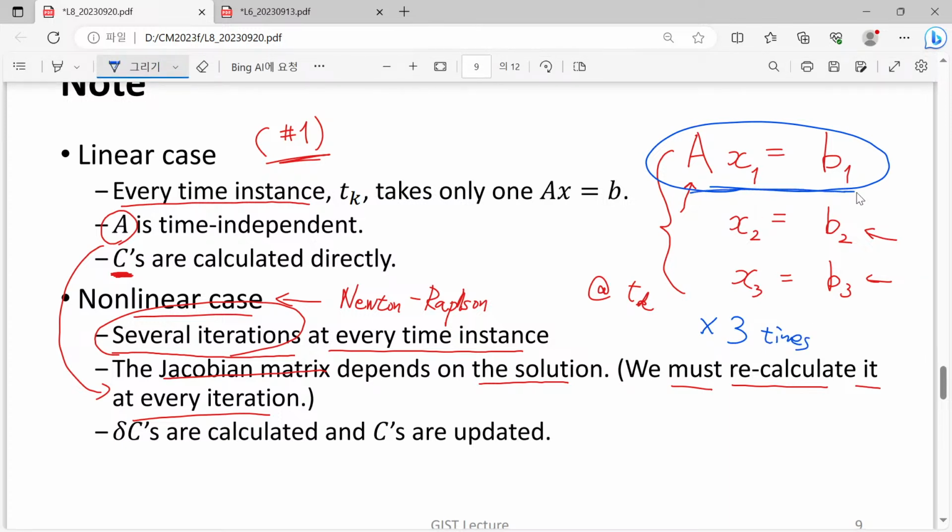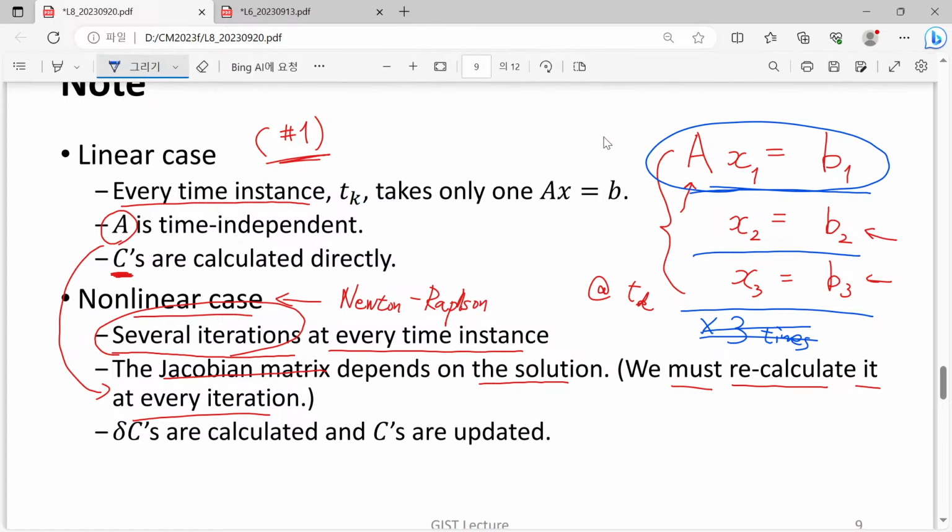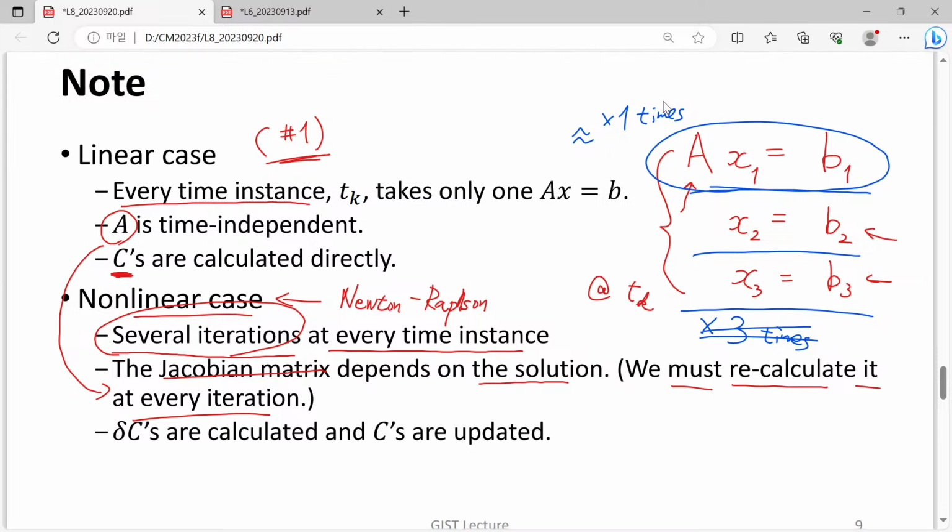We have 3 equations and we must solve 3 times. But the answer is not this one. The answer is more or less just 1 times. The time required to solve 3 similar equations is more or less similar to solving just 1 equation.